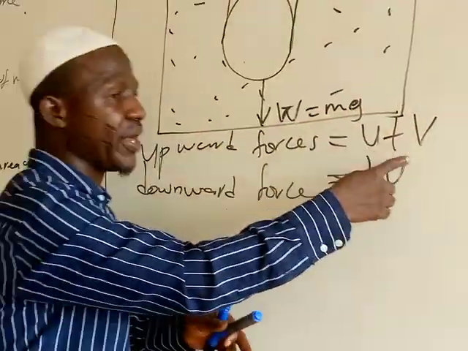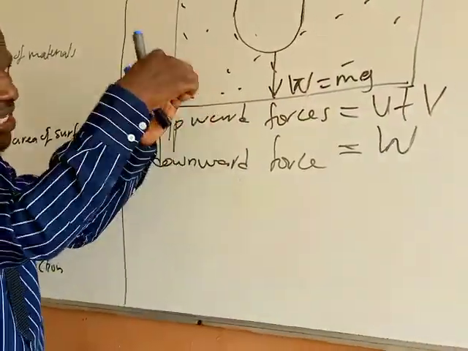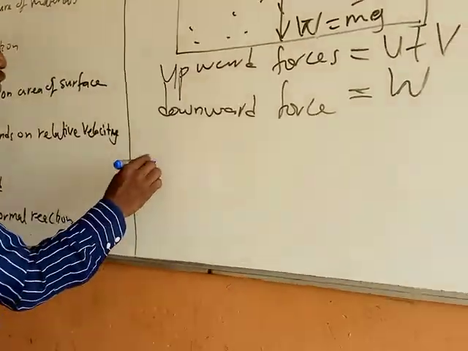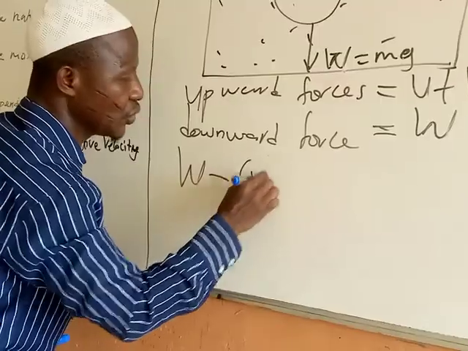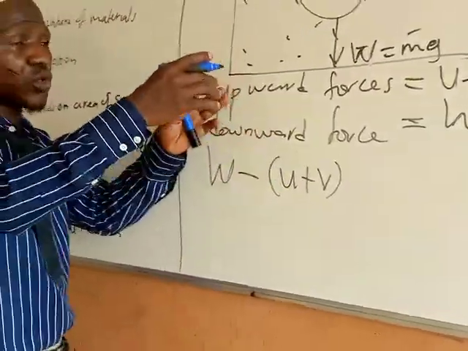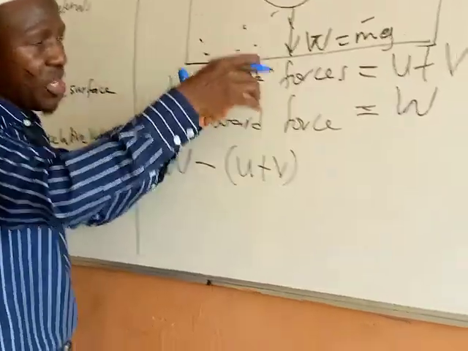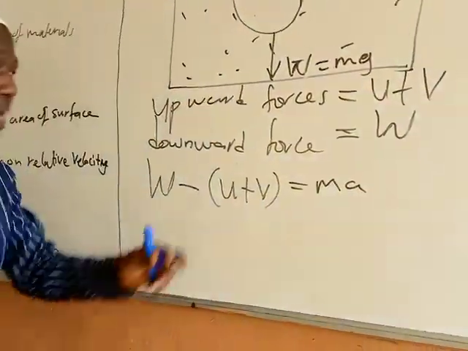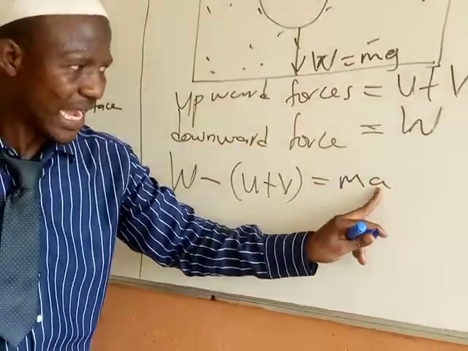Therefore, when you find the difference, you get the net force at which the object is moving downward. So you have W minus (U plus V) equal to the net force at which the body is moving downward, which is ma, the mass of that object multiplied by its linear acceleration.